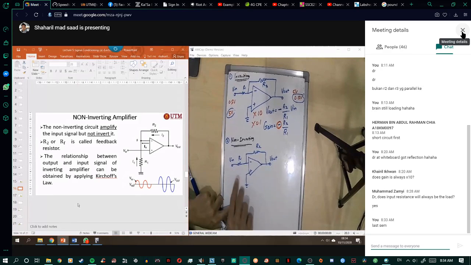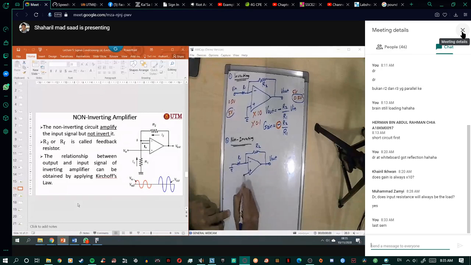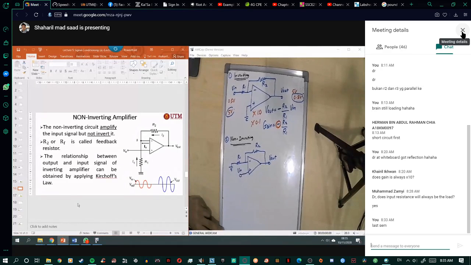Delete here and delete here. This one is shorted to ground, and this one is V in here.